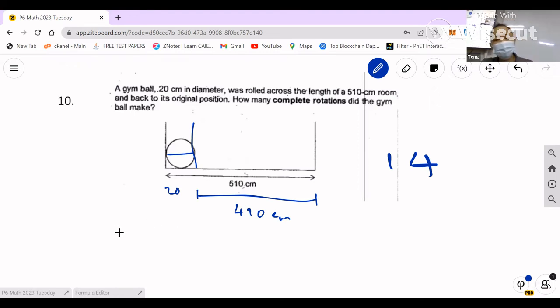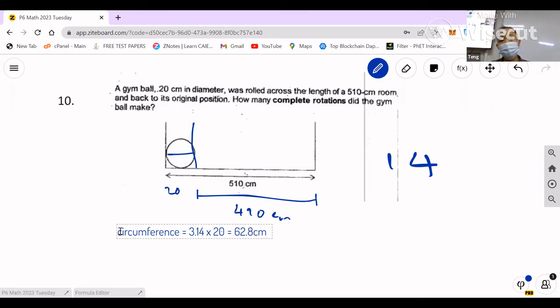So circumference equals pi d. They never say what pi is, never mind. I'm going to take 3.14 times 20. So the circumference is 62.8 cm.